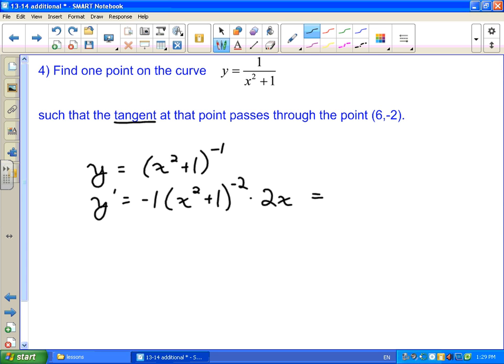So this becomes negative 2x over (x squared plus 1) all squared. So there's our derivative. Now let's remind ourselves, what does this derivative represent? It is telling us the slope of the tangent at some point x.